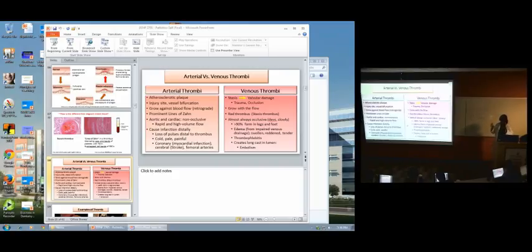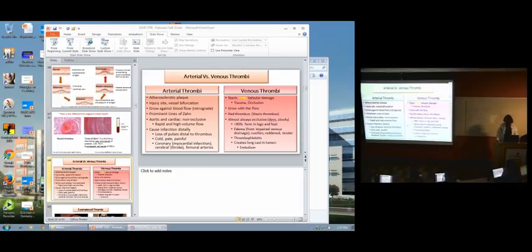The reason it's reddened is just because of the congestion. Because the hydrostatic pressure is increased, you have leakage of fluid, so that's why it's also swollen. Remember that when it's congested like that, it's carrying deoxygenated blood, that place isn't well oxygenated, and so the patient starts to have some form of pain.